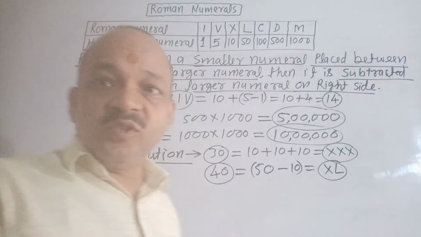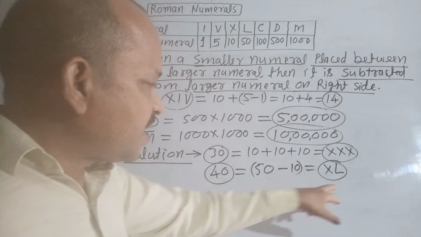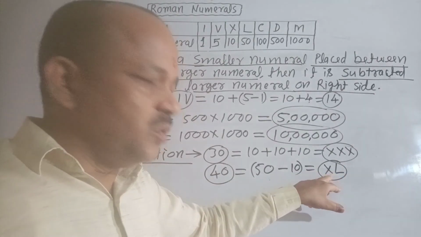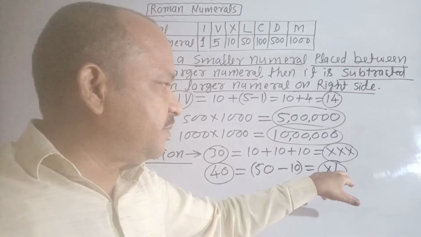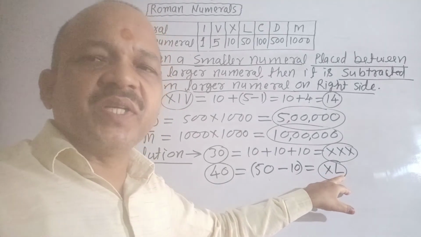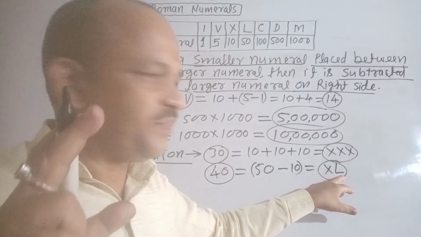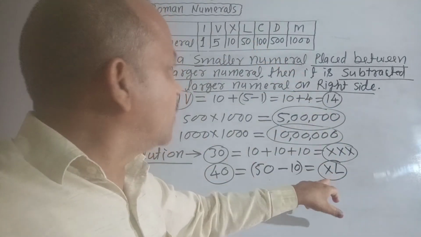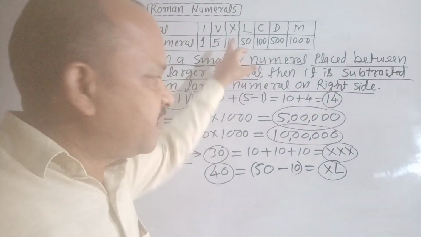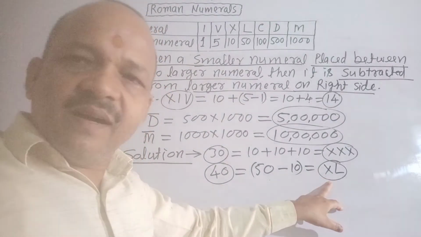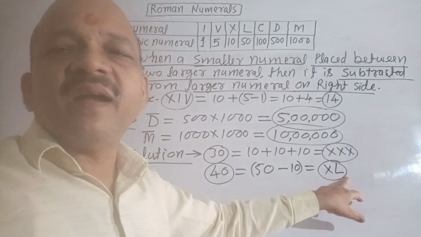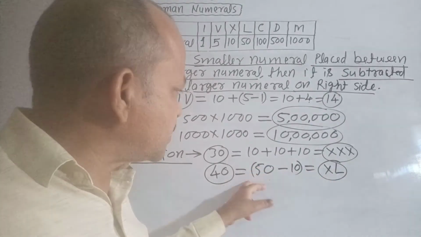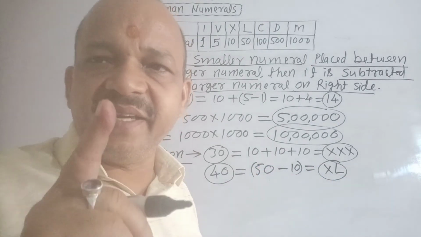Here, according to rule, XL, smaller numeral on left side of larger numeral. So you subtract it. Clear? L, the value of L is 50, value of X is 10. X is on left side of L. L is larger, X is smaller. So you subtract it. Clear?